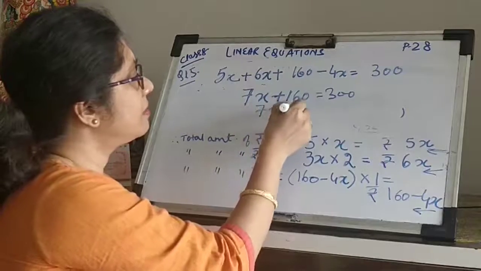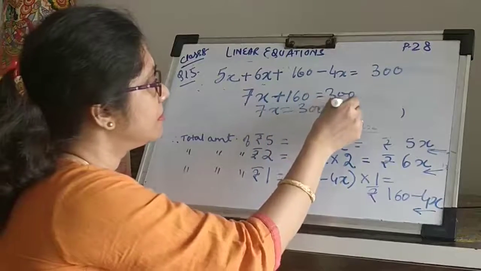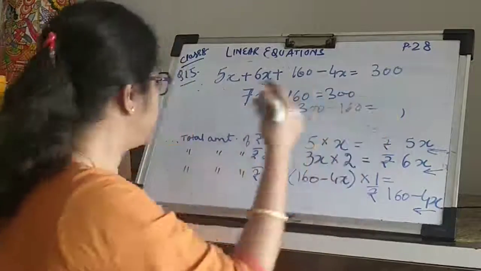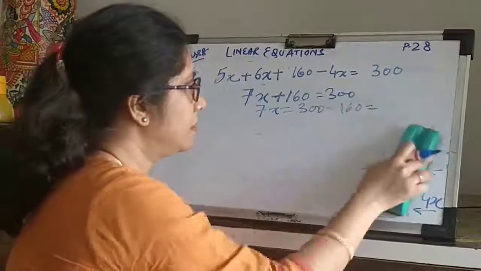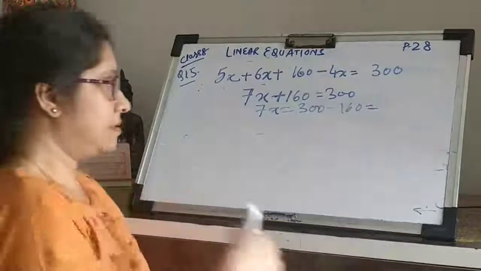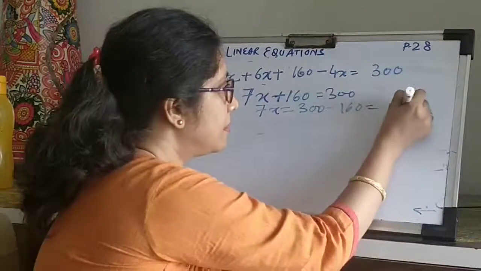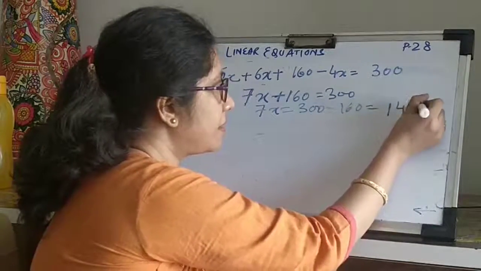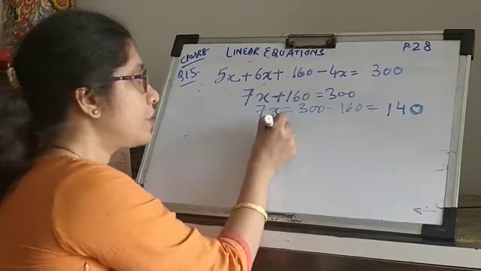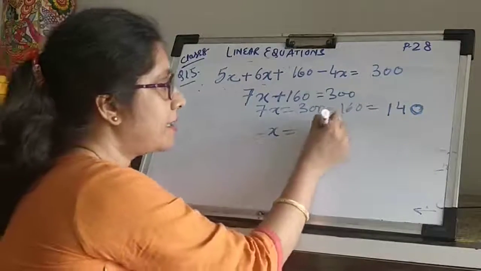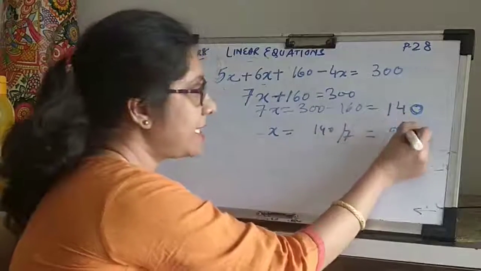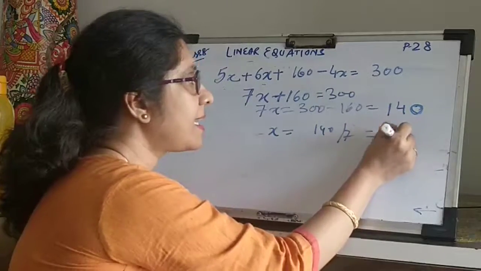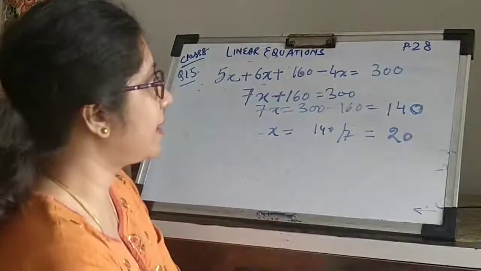I will just do it here. 7x will be 140. Okay. So x will be 140 by 7, 20. I get x as 20.